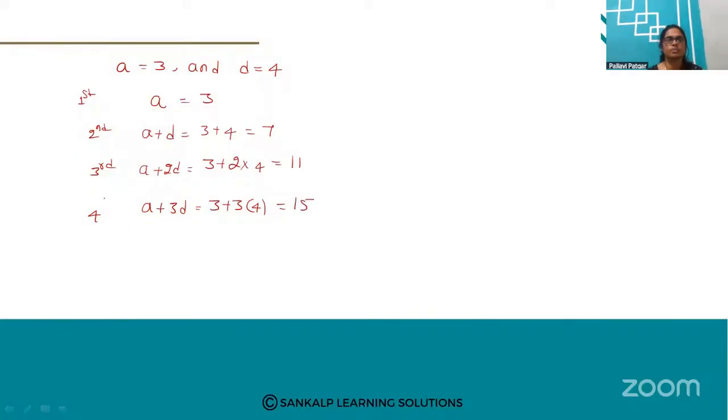The fifth term A plus 4D is 3 plus 4 into 4, which is 19.